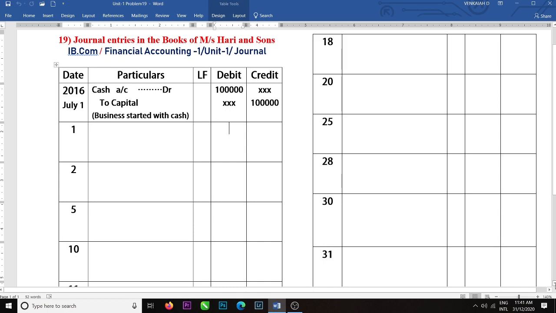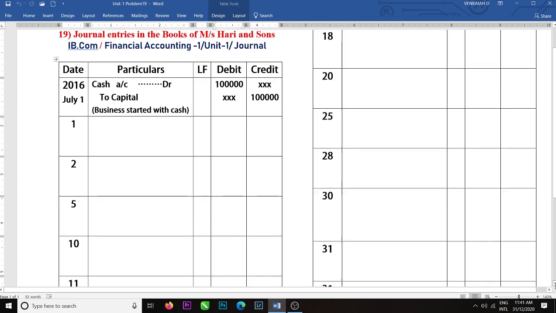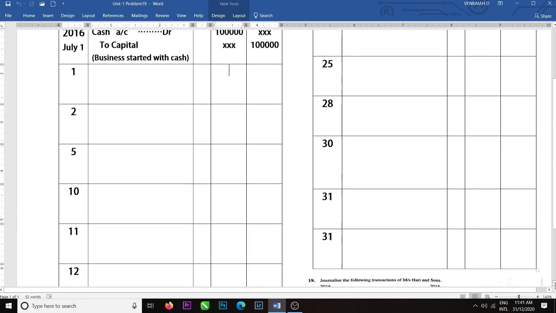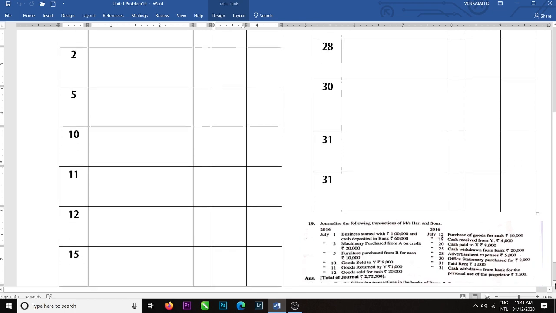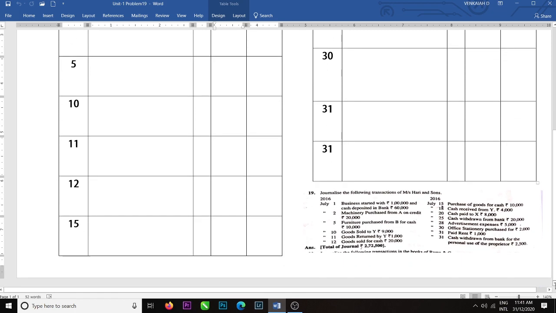Students, in the earlier video we completed the 18th problem. Now we are going to do the 19th problem. Look at the transactions. In January 2016, business started with cash of rupees 1 lakh. According to the business entity concept, Hari and Sons are different and the business is different.